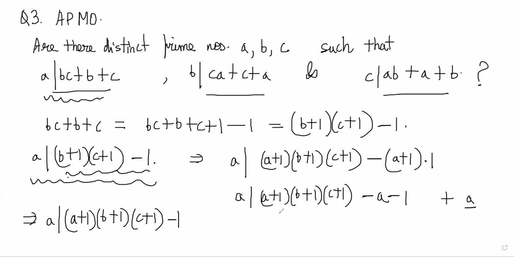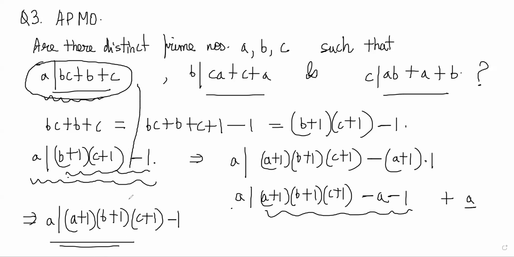I have added plus A because if A divides this thing, then it will also divide this thing plus A. So we are getting this result. Now it is perfectly symmetrical. So we have gone from here, we have reached here, right?